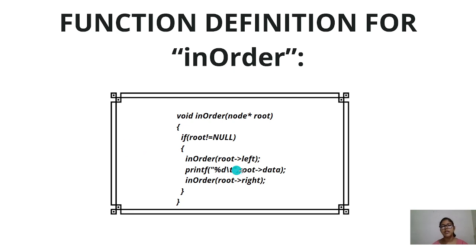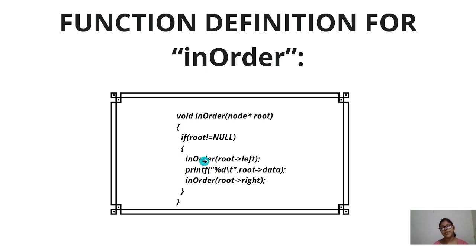So we will get the smallest value first, and that is why in order gives an ascending order. First it gives the left, then it goes to the root of that left, and then goes to the right, then again left. In that way it goes left, then root, and then right. And it prints the root of data.